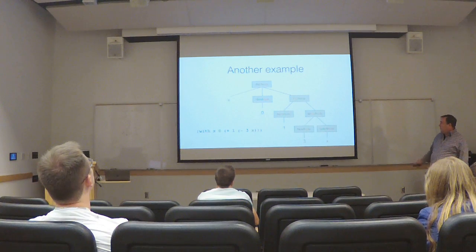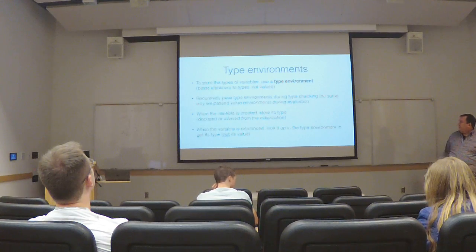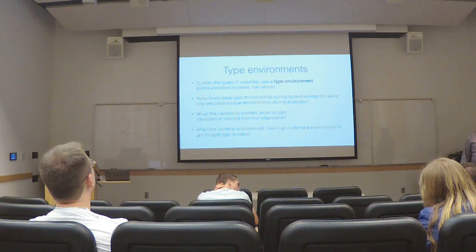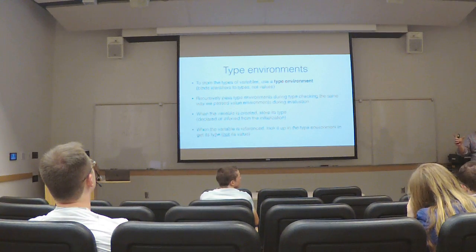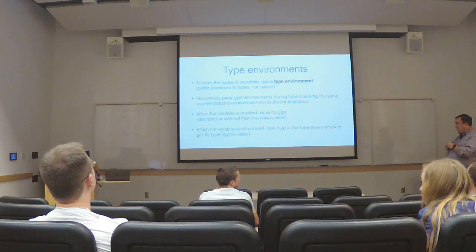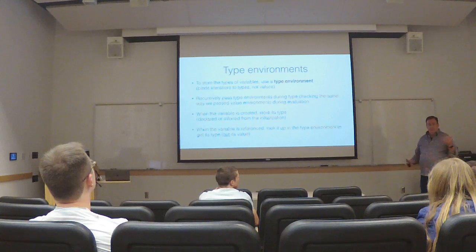The with just returns whatever the plus does, so the whole thing returns a number. So type environments are critical to what we're going to be implementing from this last lab. They don't store this variable has this value. They store this variable has this type. The value may depend on things at runtime.